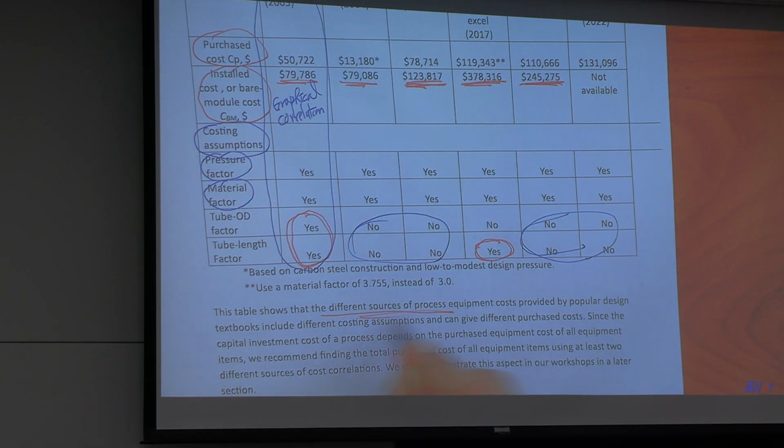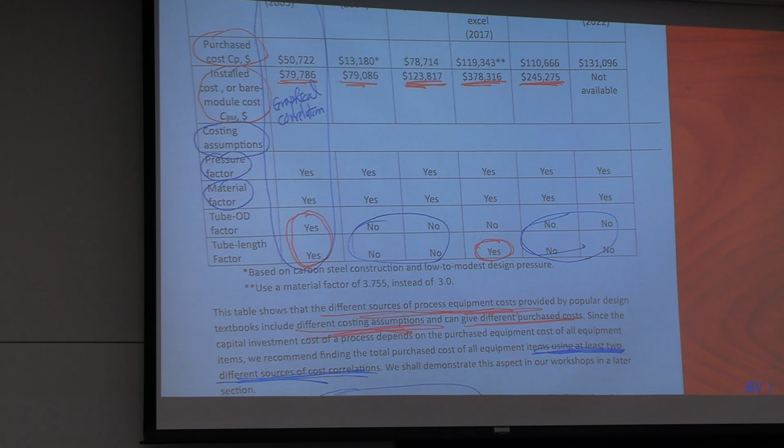Different sources of equipment costs include different costing assumptions, and different costs. So you should use at least 2 different sources to confirm your estimated costs are close to each other.